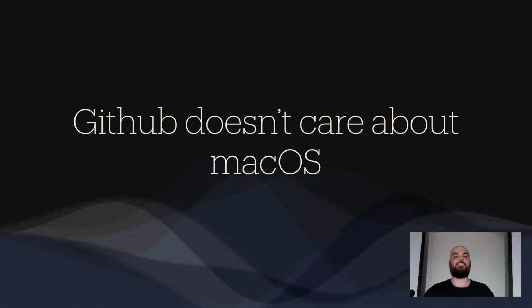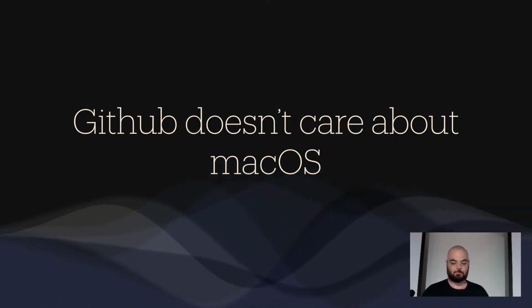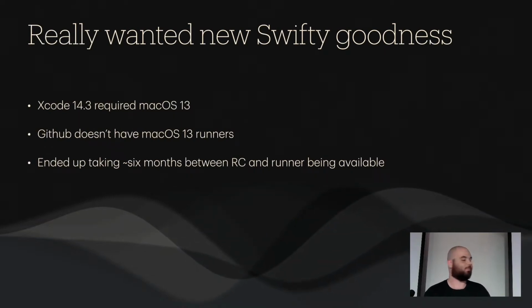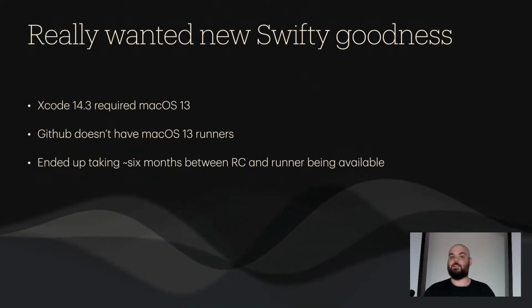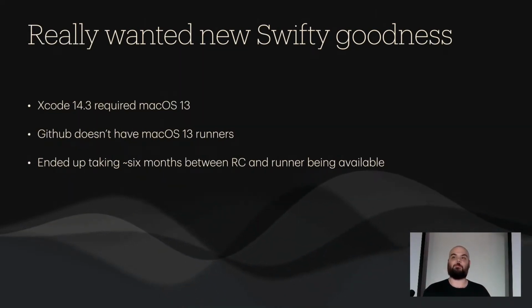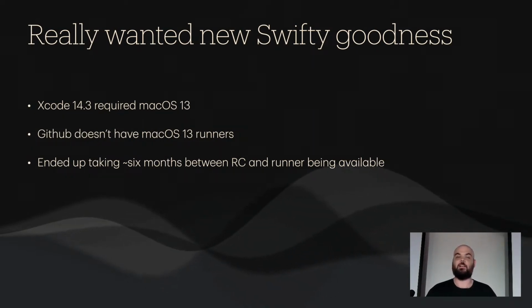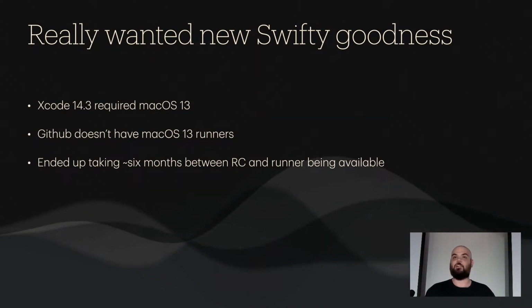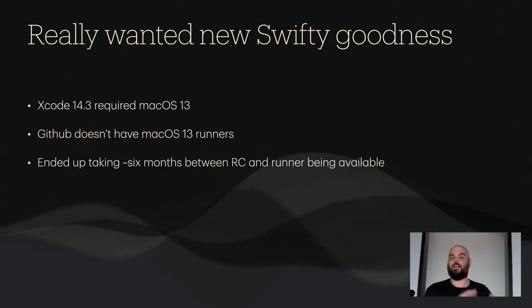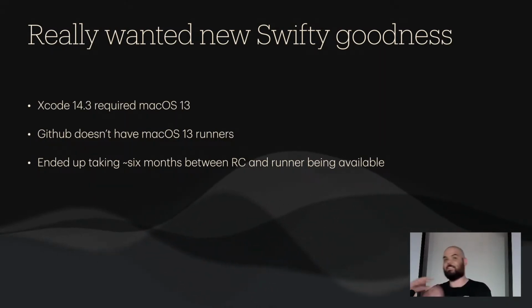Microsoft just doesn't seem to care about keeping their macOS runners updated. And we really needed them to be updated. In particular, the straw that broke the camel's back for us was Swift 5.8. We really needed that new fulfillment API for XC expectations to play nice with async await.